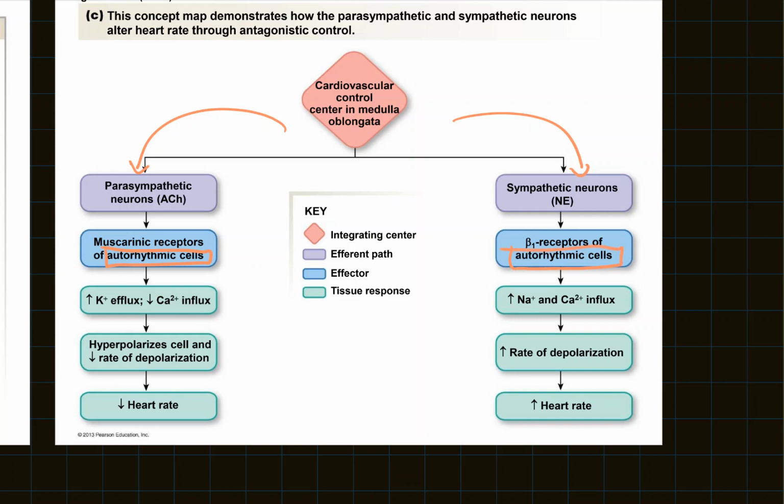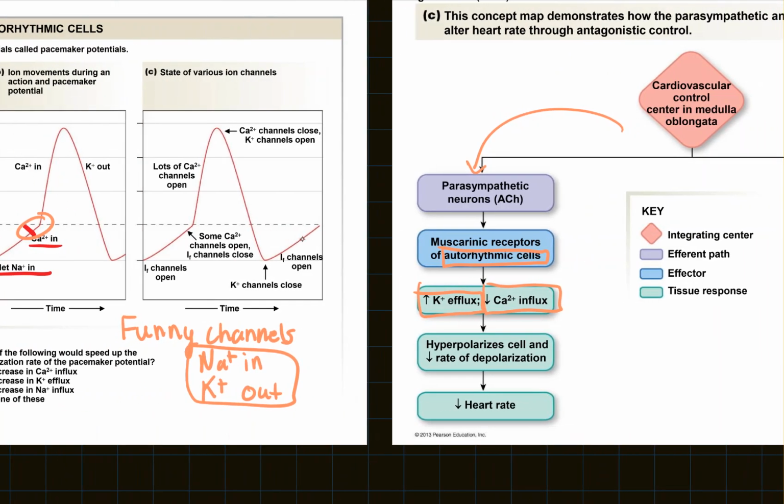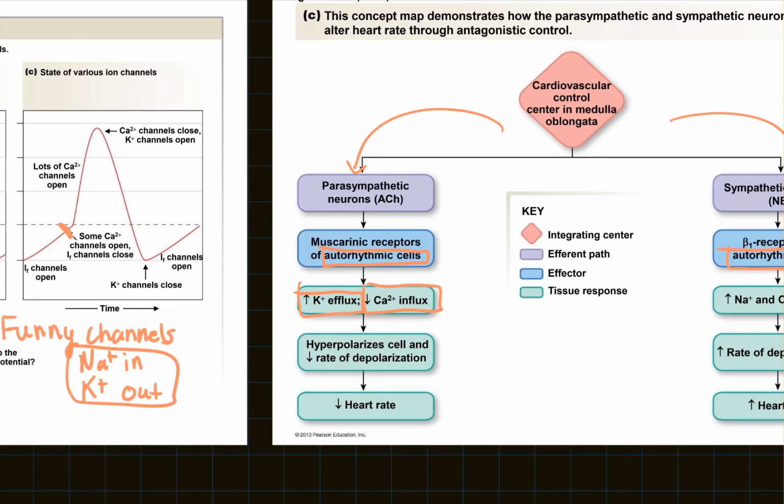And the parasympathetic acts on the funny channels by increasing the permeability to potassium. So more potassium exits the cells. And then it decreases calcium influx. So that last little bit of the action potential here, that calcium influx has been slowed. But the big part is the potassium efflux. The potassium efflux has the greater effect on slowing heart rate. But both of those things do happen.